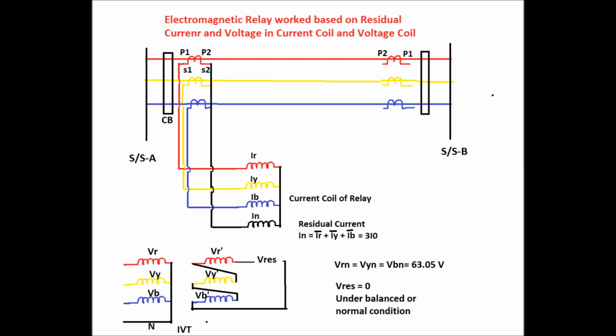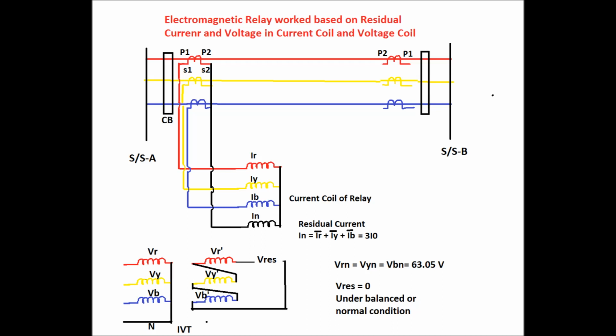Now for the directional feature, another important parameter is the residual voltage. The residual voltage will be developed or calculated in the electromagnetic relay based on the open delta connection. Here the open delta PT connection has been taken from the IVT secondary coil.